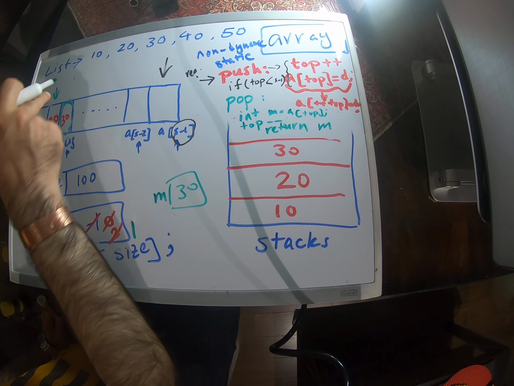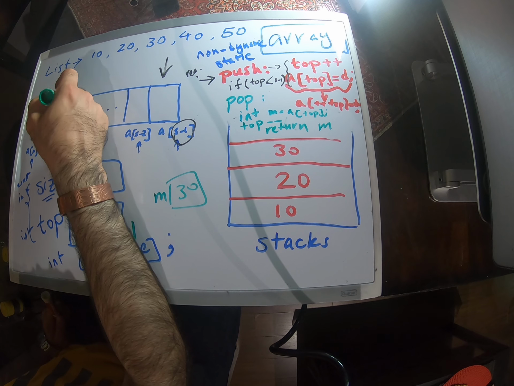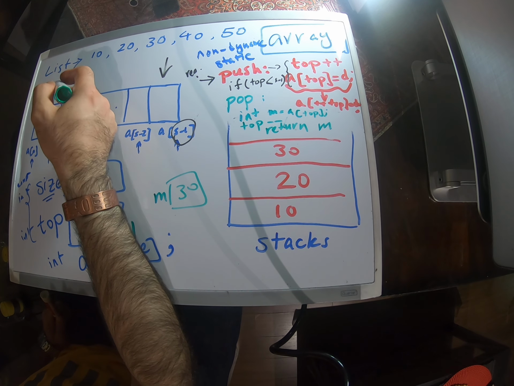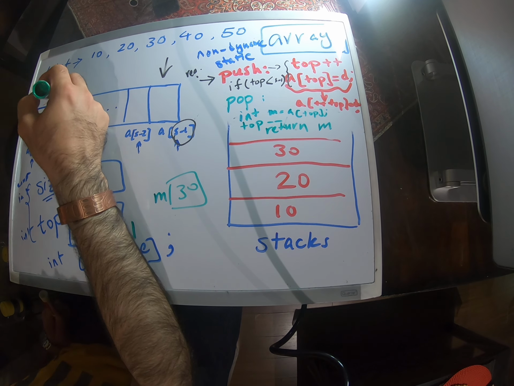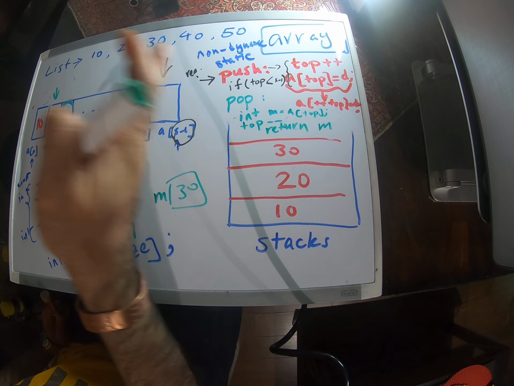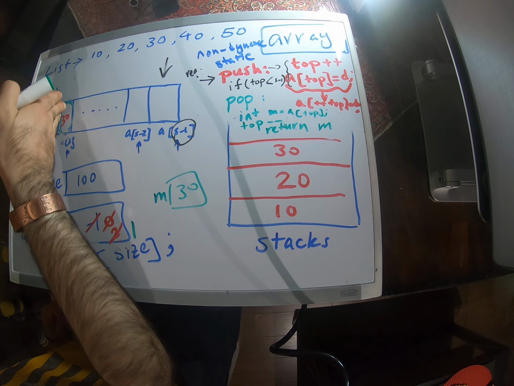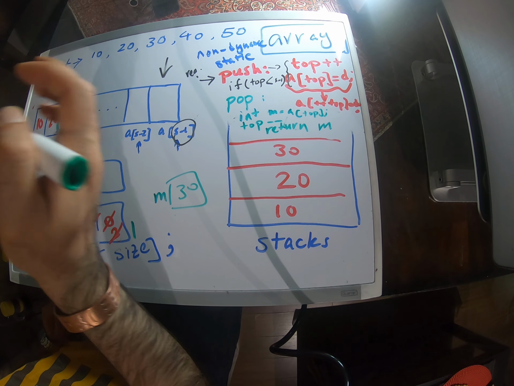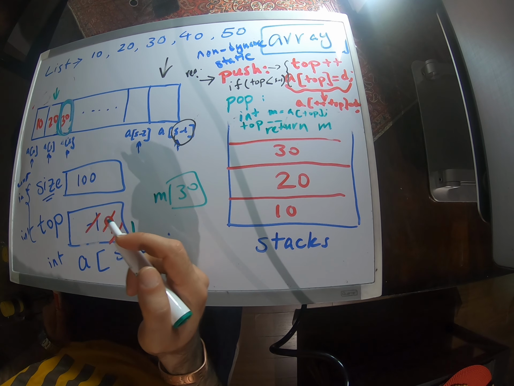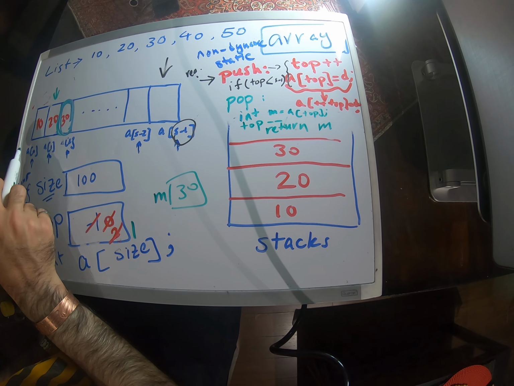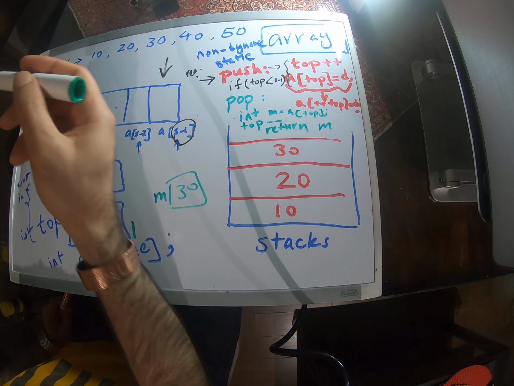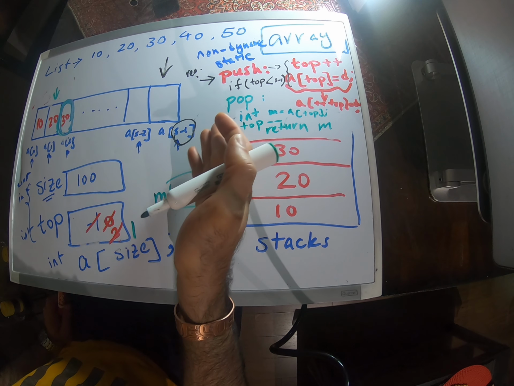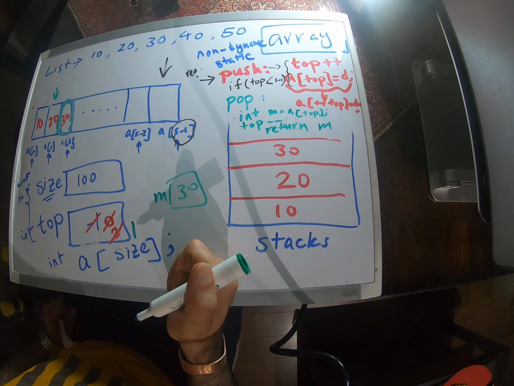Some people want to make this one 0, but it's not necessary, because if you push another element, you're going to overwrite on top of this one. So there's no need to make this one 0 anymore. But if you want, you can do that, but that's not necessary.